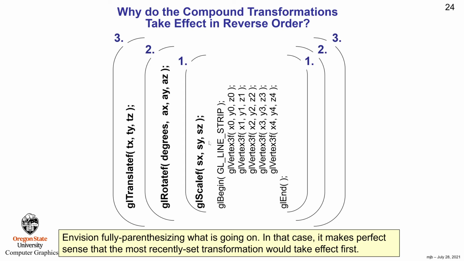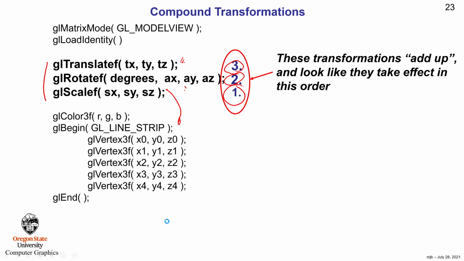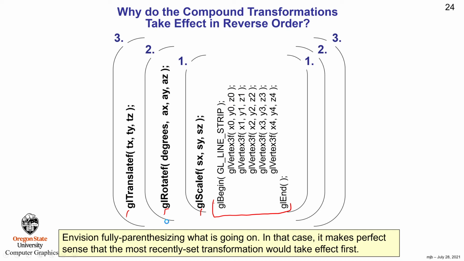Think of this. Okay, here's my code again. Here's my GL begin, GL end. What if we just turn it all sideways? And here's the scale and the rotate and the translate, just like back here. If I was going to put parentheses around this, like I would do if it was an algebra equation, I would put parentheses here and here.